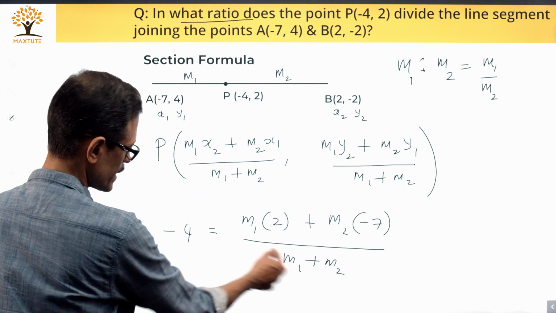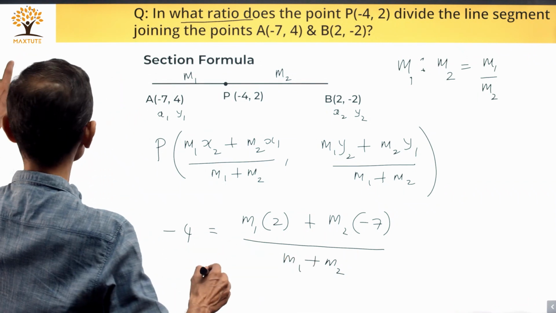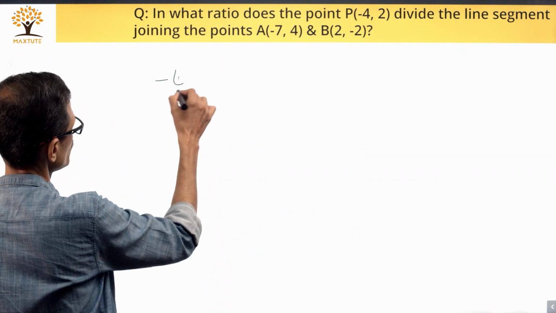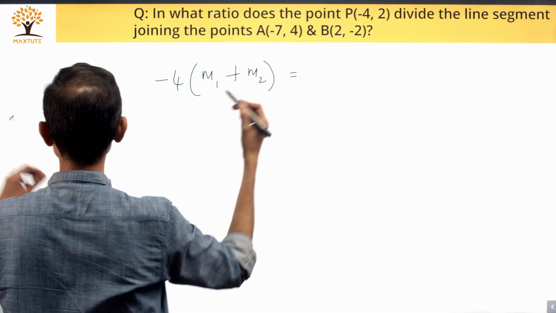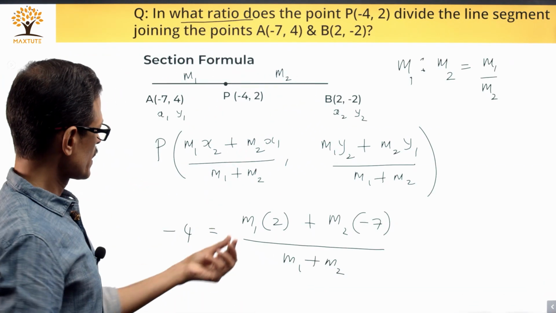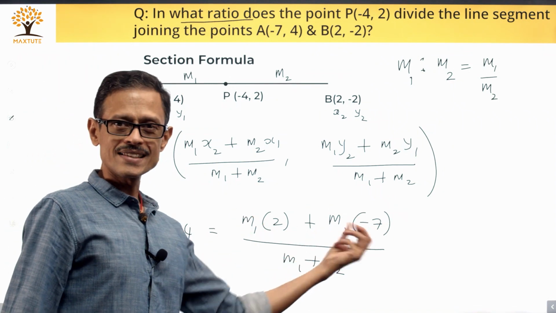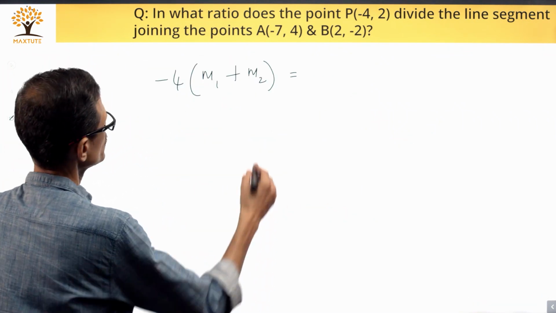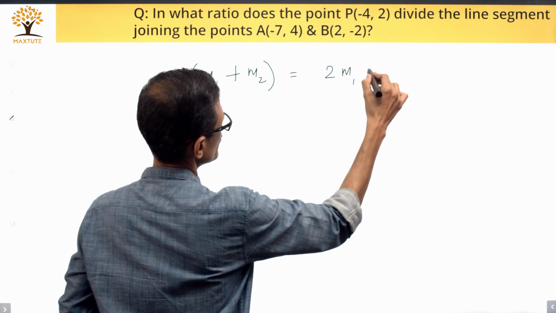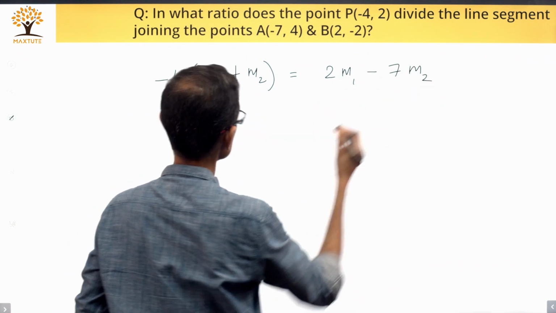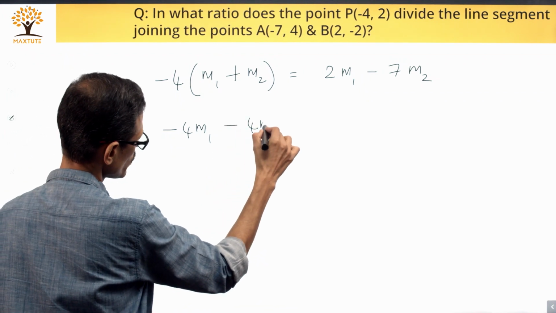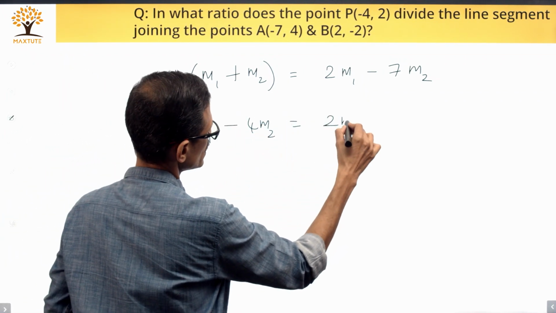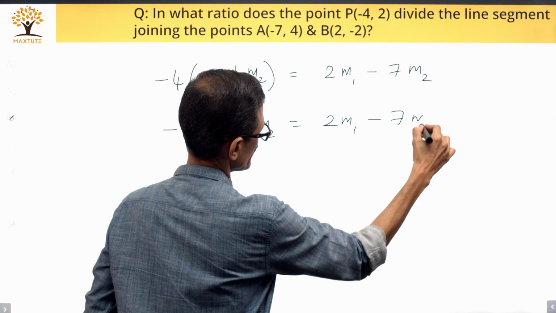I am going to cross multiply the denominator m1 plus m2. So, the left hand side will become -4 times (m1 plus m2). The right hand side is going to be equal to 2 times m1 minus 7 times m2. Expand this, we have -4 m1 minus 4 m2 is equal to 2 m1 minus 7 m2.